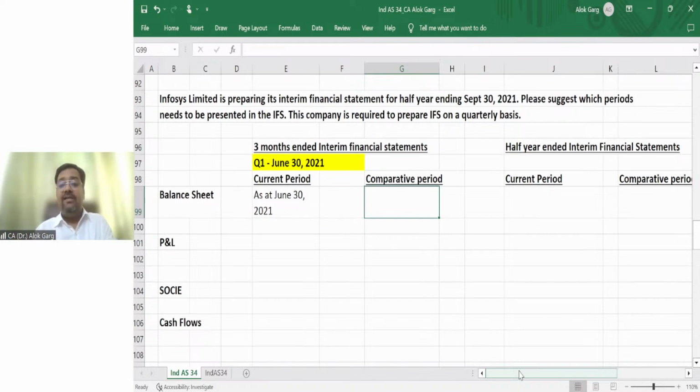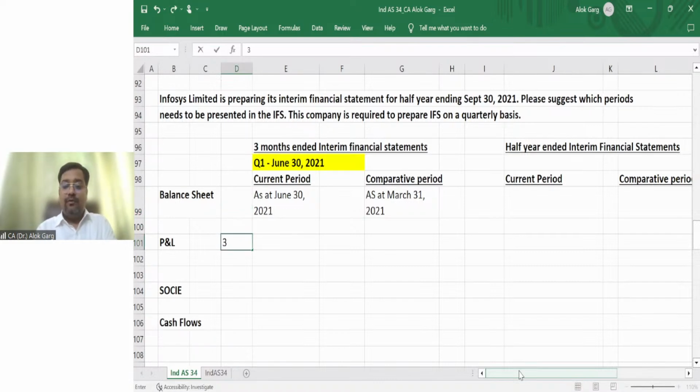So the comparative balance sheet will always be the last year annual audited balance sheet, as at March 31st, 2021. So the balance sheet will always be the last annual balance sheet, right?